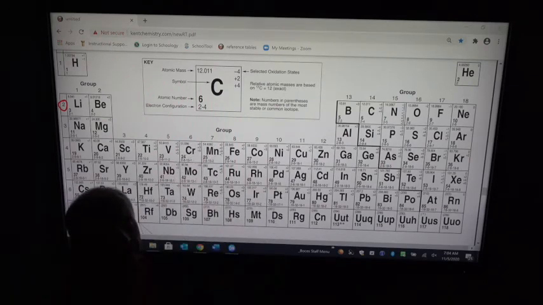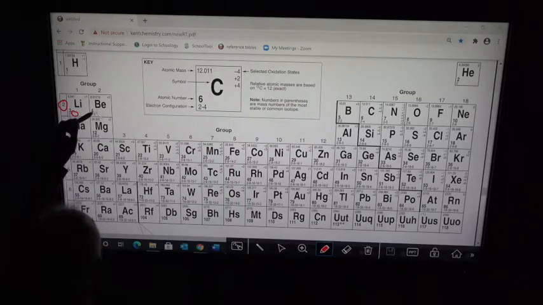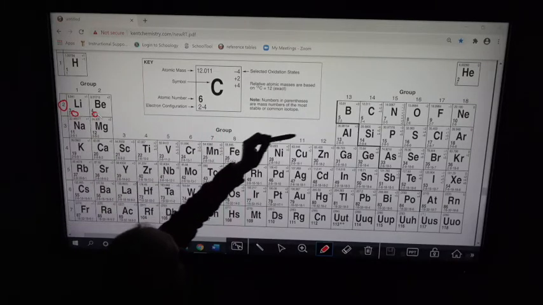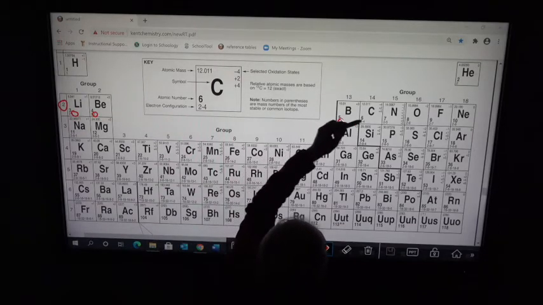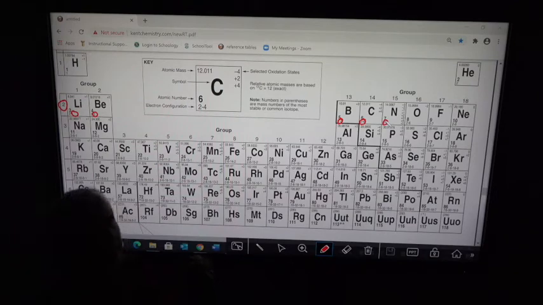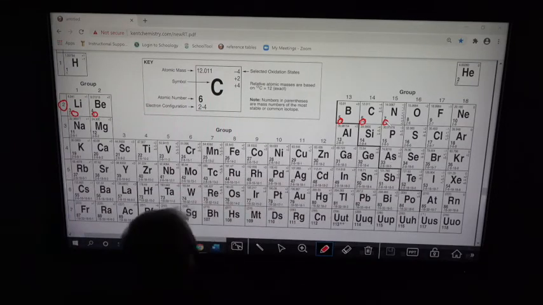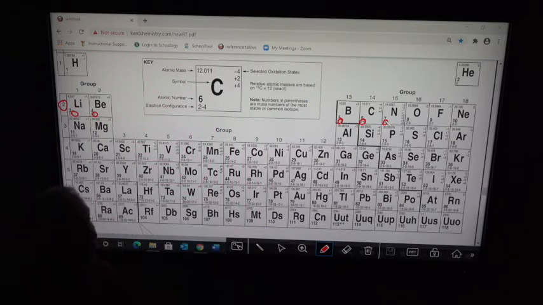The most important thing to remember is we are gaining a valence electron every time we go across, not a whole shell. We are gaining a valence electron going across, so this stays in the same energy level. So, size. Atomic radius going down gets bigger because we gain a shell of electrons every time.